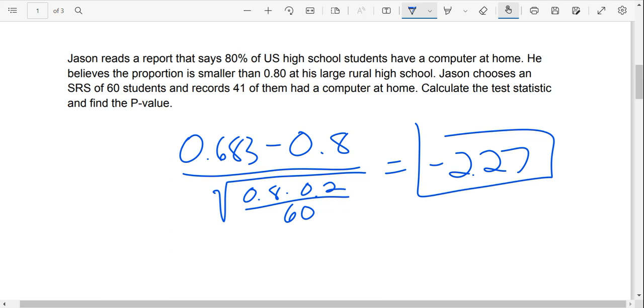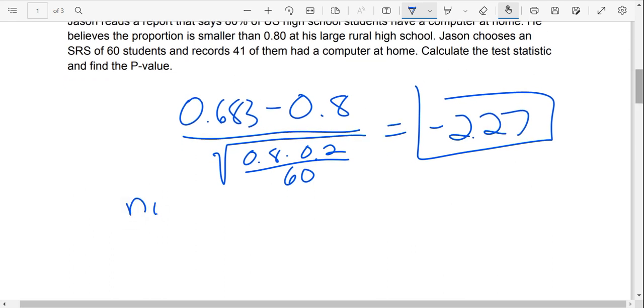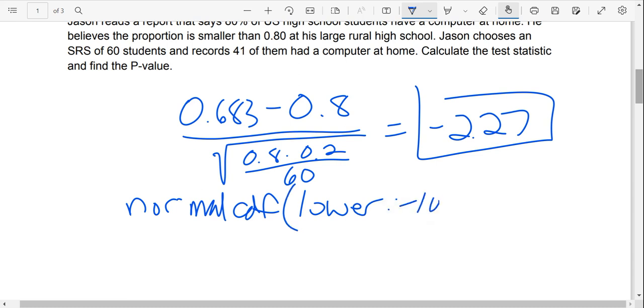Now, part B, find the p-value. It says table A or technology. I'm going to use technology because that's cooler. When using technology, you're using normal CDF. Lower, negative 1,000. You can make it 0 if you want. Actually, no, it can't be 0 because the upper is everything less than negative 2.27.